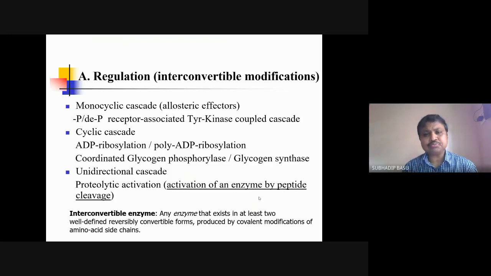For example, regulation. Regulation is a very important activity. It regulates many different activities of protein, and there are interconvertible modifications. So sometimes proteins are modified and then they are converted back. For example, you have a degradation process.